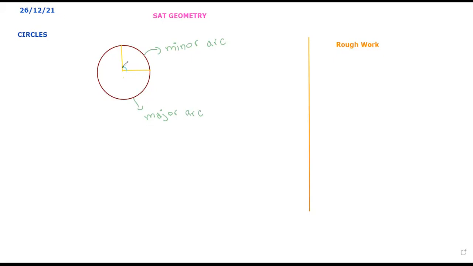And for the major arc, this is the angle. So the bigger the angle, the more circumference we would have for the arc, or the longer the length. We'll have a long arc in that case. Like for a bigger angle, we'll have this whole arc.